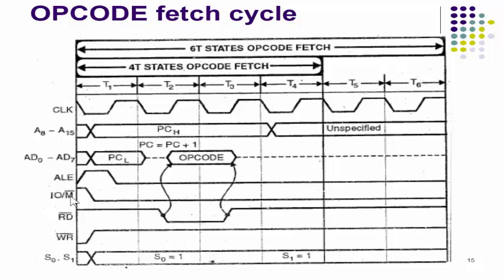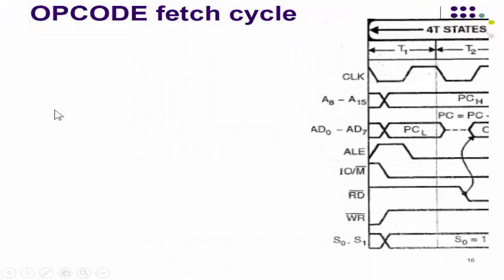The demultiplexing concept we have already discussed: how the A0 to A7 lines get separated from D0 to D7 by using a latch IC, IC 74373, with the ALE signal. Then there are the IO/M bar signal, read bar and write bar control signals, and two status signals S0 and S1.